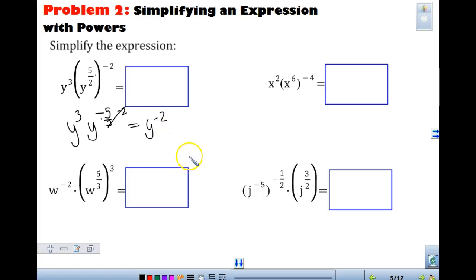Anytime it says simplify, that simply means we can have no negative exponents anywhere. So my final answer would be 1/y to the 2nd. The y to the 3rd is out here. So this was times, and 3 plus -5 gives me -2.